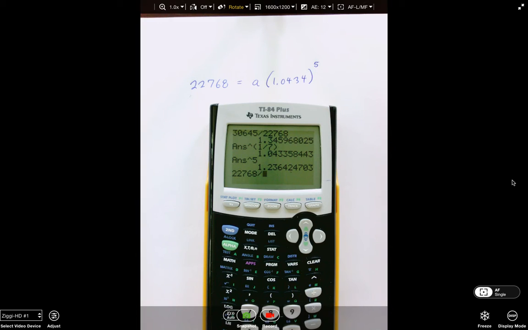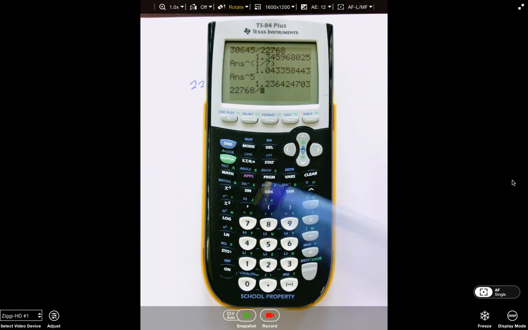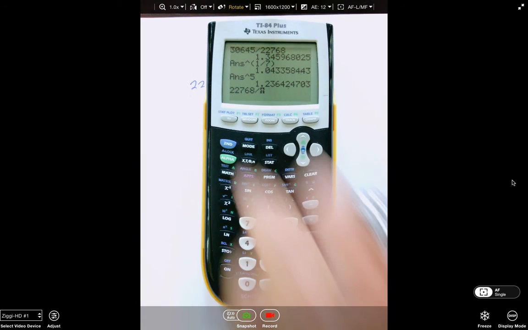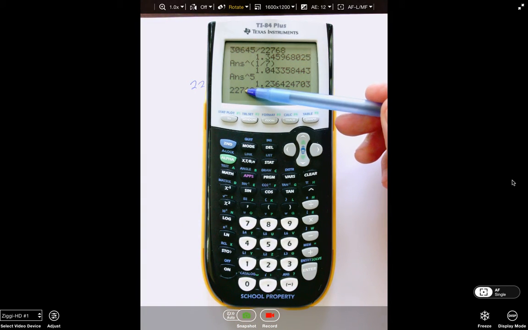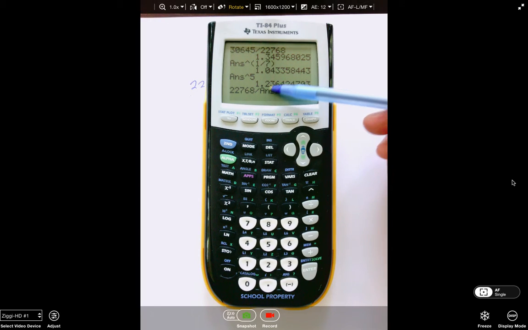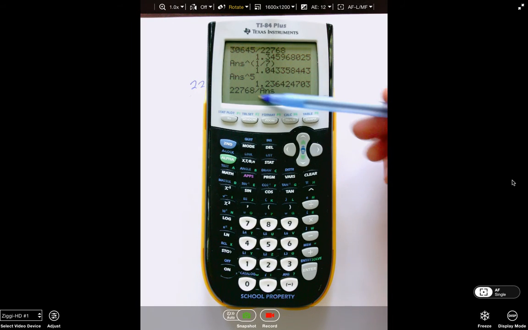And your calculator allows you to do this very cleverly by this command right here, the answer. It's blue, so I have to hit that key first. What that's going to do is take 22,768 and bring the 1.26 or 23642 down here, and divide by that right here.